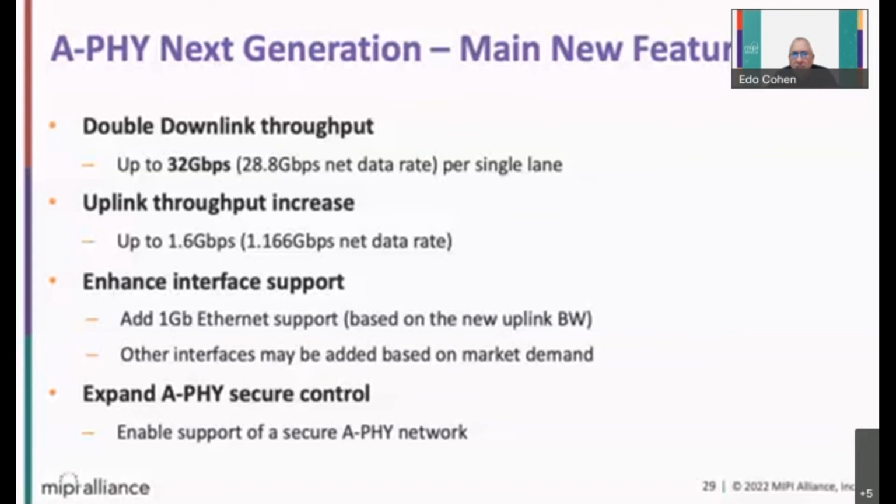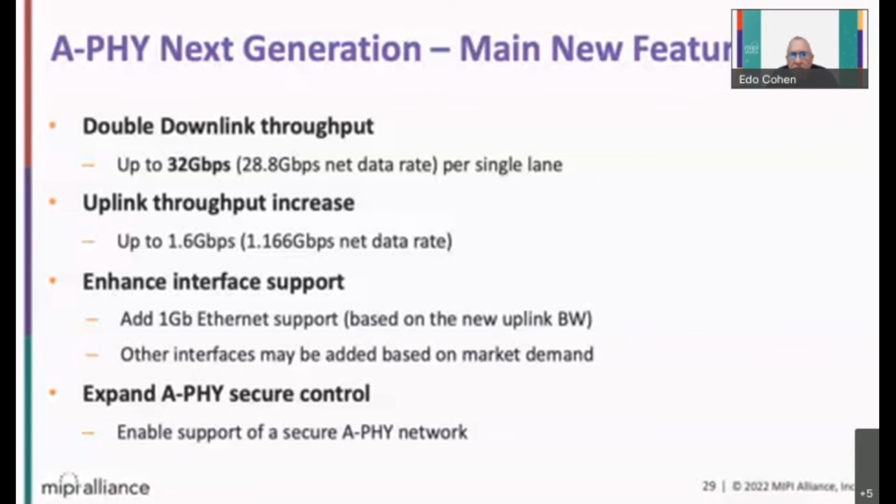Based on these goals, the group had multiple discussions and planning on the main features of the next generation A-PHY. These are initial starting points for A-PHY development, and the final definitions of the specification will be determined based on further technical discussions inside the group and multiple feasibility studies, as was done for the first versions A-PHY 1.0 and 1.1.